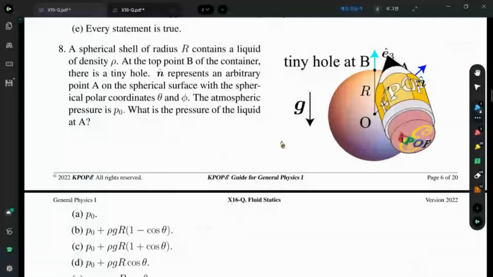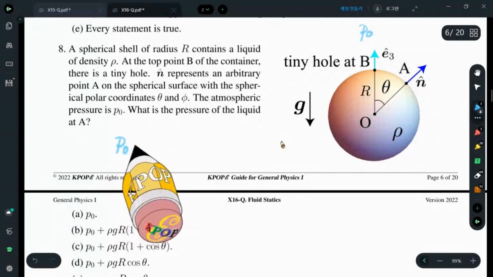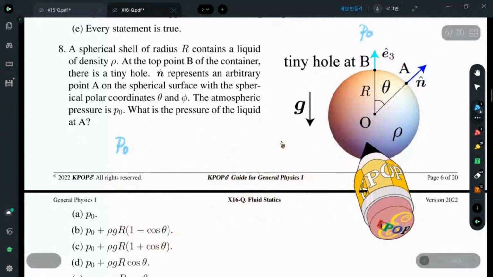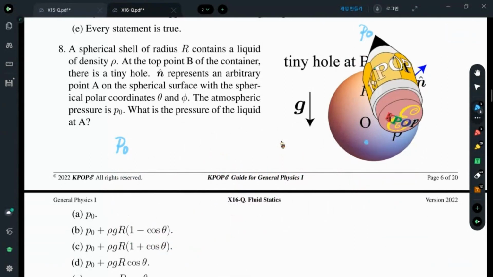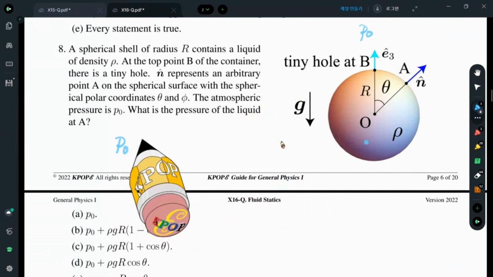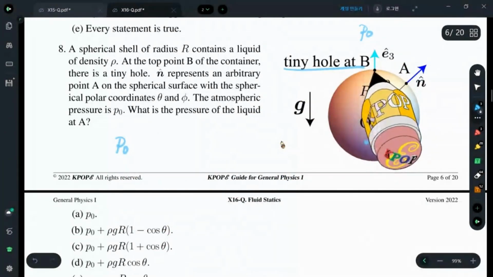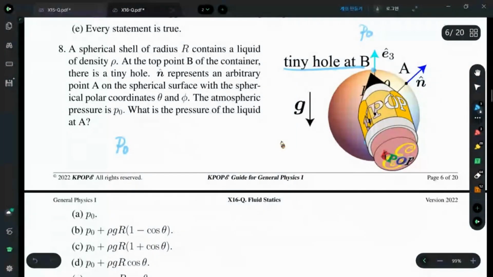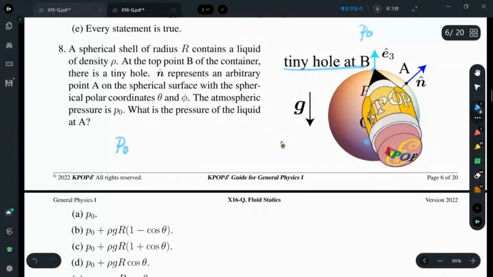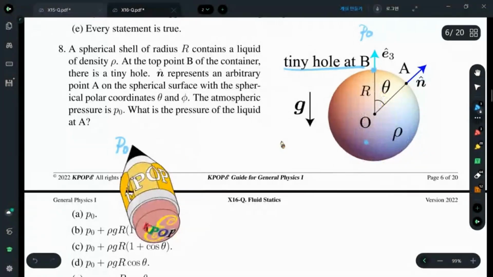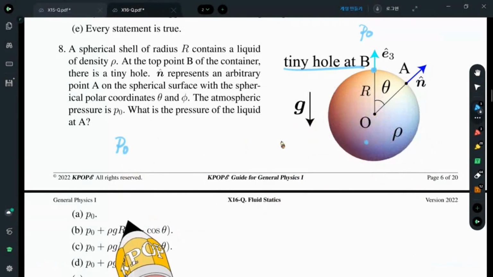We remember, if I have atmospheric pressure P0, and some point inside the liquid, there is a tiny hole on top of this spherical surface. So there is a condition that P0 is fixed at angle theta equals 0.